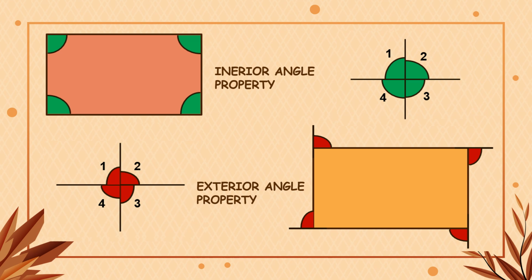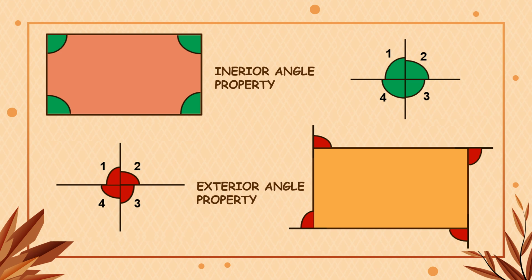Now here also we can see that when all these exterior angles, why am I calling them exterior angles? Because those angles are lying outside the given quadrilateral. So when you cut these pieces of these exterior angles and put them together, they form a complete angle which you can see here, which is equal to 360 degrees.